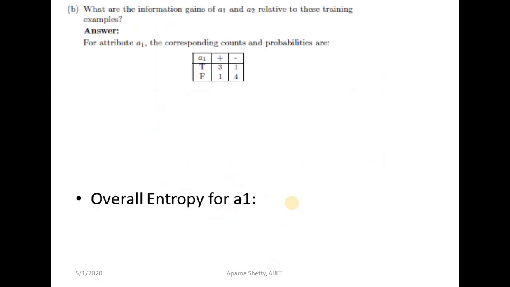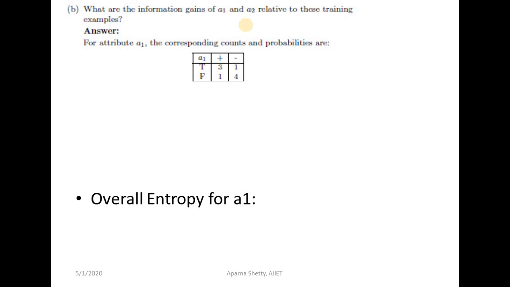Next, see here: what are the information gains of A1 and A2 relative to these training examples? They have asked to find the information gain for A1 and A2. Whenever you use entropy as an impurity measure, the gain obtained is called information gain.